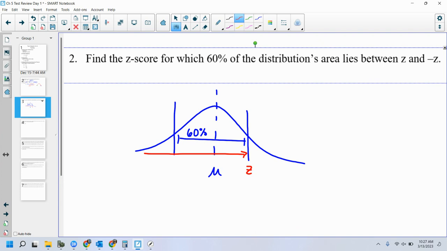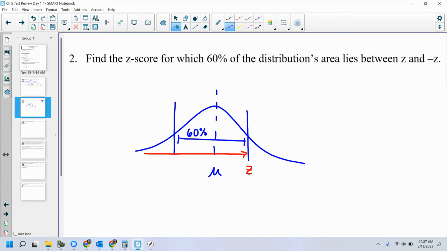What am I looking for? 80. Whoa. Why? Well, because if this is 60, what's each tail out here? 20. Because I've got 40% left over. So there's 20% here and 20% here. So if I truly want all of this area, 20 plus 60 is 80. So I'm looking for 80%.